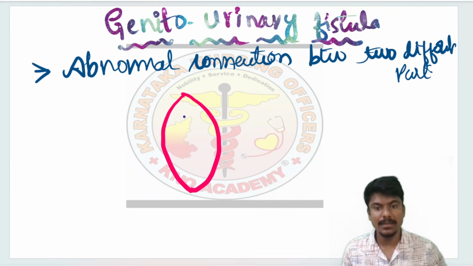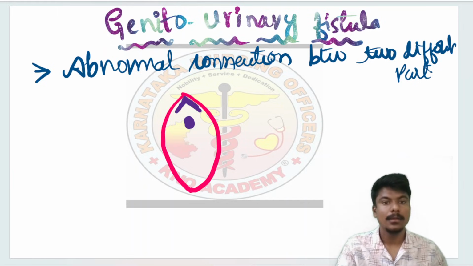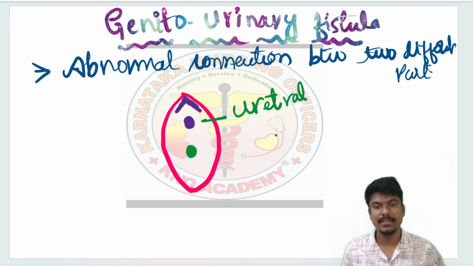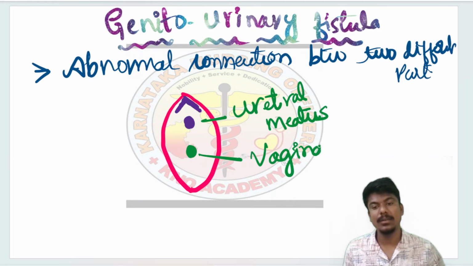Here there will be the clitoris, and just below the clitoris there will be the urethra. This is your urethral meatus, nothing but the opening of the urethra, and below it there'll be the vagina. This is your vaginal opening, or vaginal orifice.